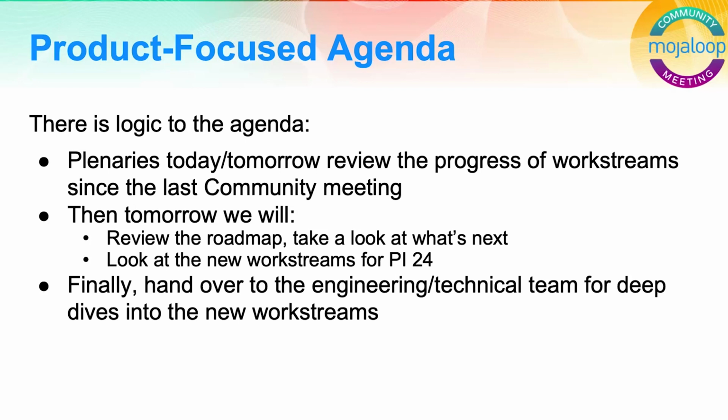That's another reason why we think you should come and join Product Council, because unless you come along, you don't get to influence what the work streams will be for the next PI. So we'll provide a brief oversight of those work streams and how they fit into the overall objectives. And then finally, we'll hand over to the engineering and technical teams for deep dives into those new work streams. So I hope that all makes sense for everyone.